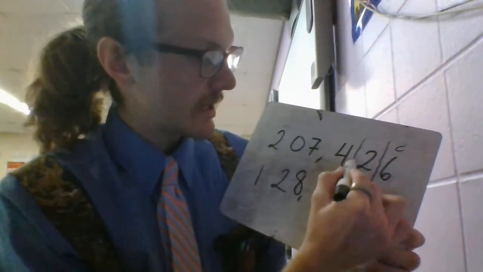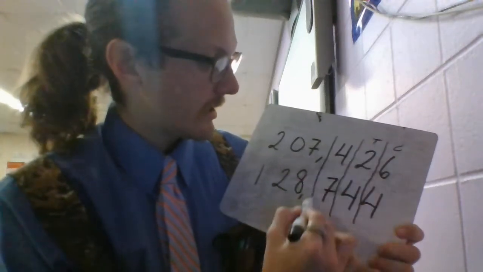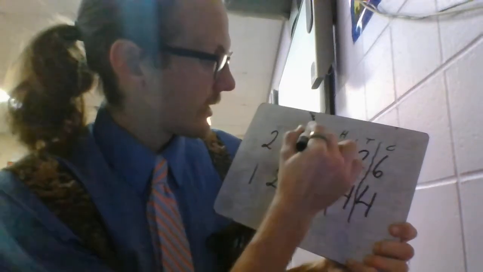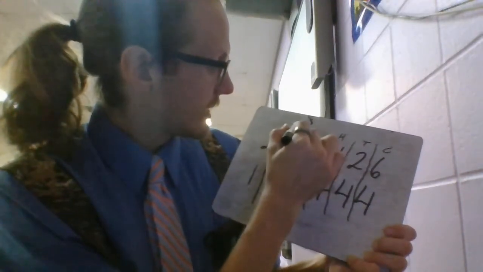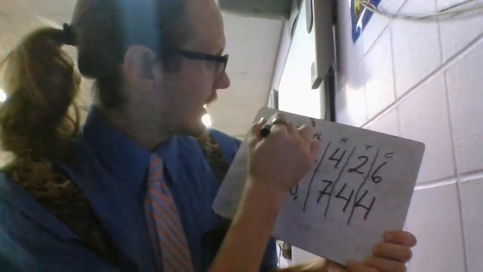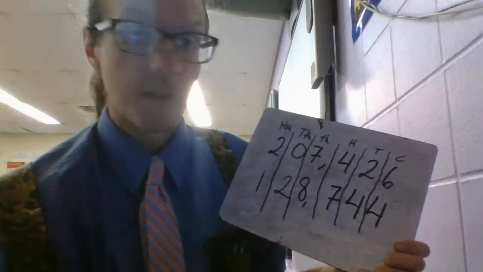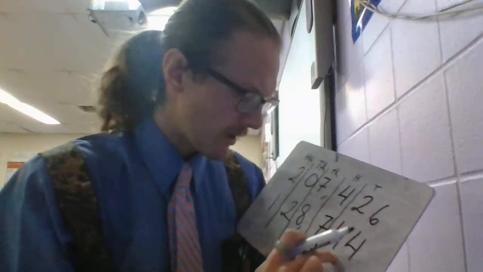You should see a clear tens place, a clear hundreds place, a clear thousands place, and a clear 10,000 and clear 100,000. They shouldn't be blurred together. They need to be perfectly stacked on top of each other, or else you are going to have heartache.